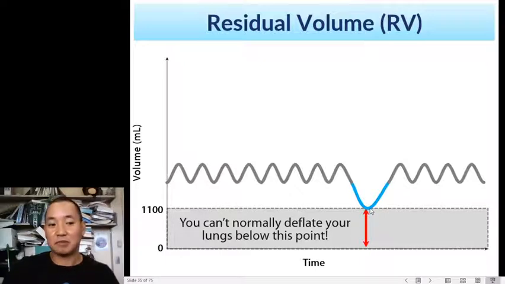Then you would have a double pneumothorax if you could fully deflate your lungs. So this part right here, the residual volume, is the part you can't deflate. And this is the disadvantage of spirometry. Spirometry can't actually measure your residual volume because that would require your lungs to collapse. So most of the time, spirometry is estimating your residual volume based on your height, your sex, or other parameters.